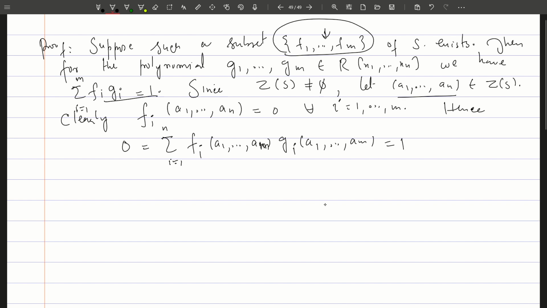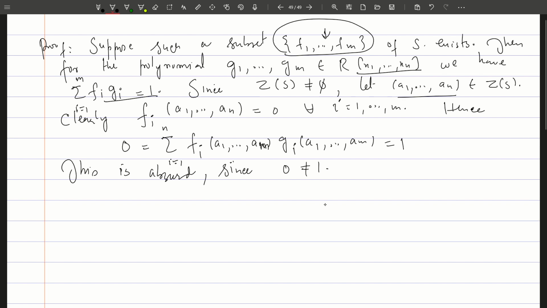So this is not possible. So this is absurd, because 0 is not equal to 1. 0 can be equal to 1 when the ring is the zero ring, but here we have a polynomial ring which is a non-zero ring. So hence no such subset of S exists.